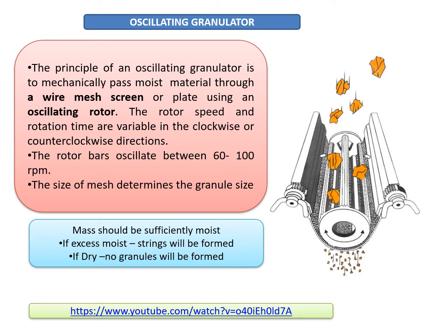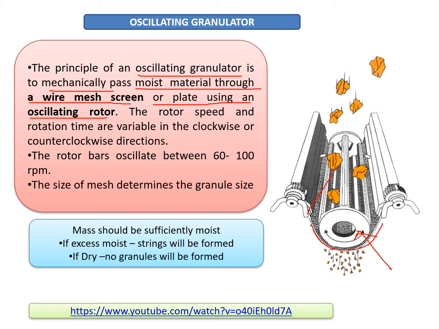The second type of equipment for the wet granulation process is called the oscillating granulator. The principle of an oscillating granulator is to mechanically pass moist material through a wire mesh screen or plate using an oscillating rotor. So this is the oscillating rotor, and this mass is passed through this wire mesh screen.